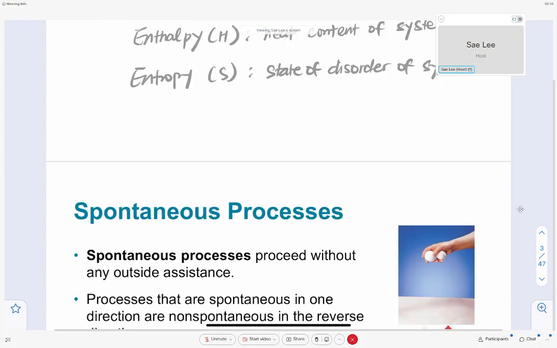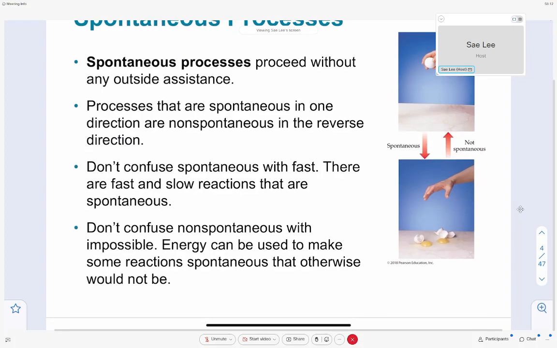So what is a spontaneous process and why do we care? A spontaneous process is any process that occurs on its own without any outside assistance.